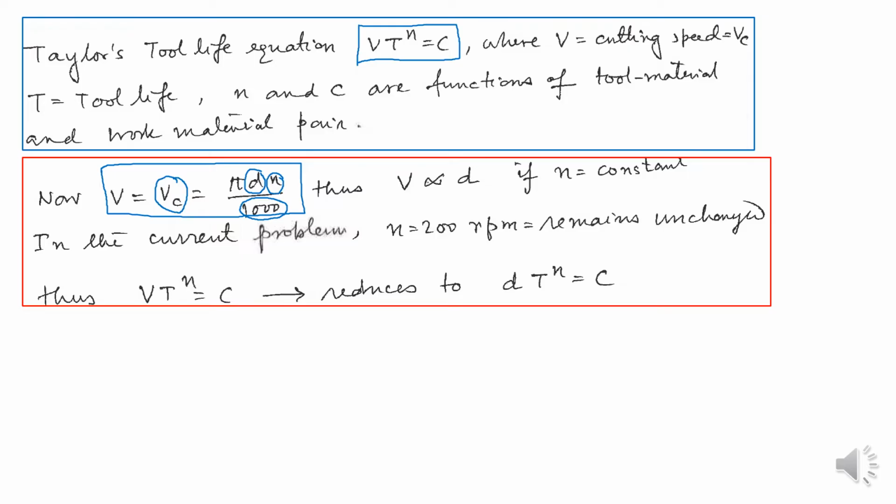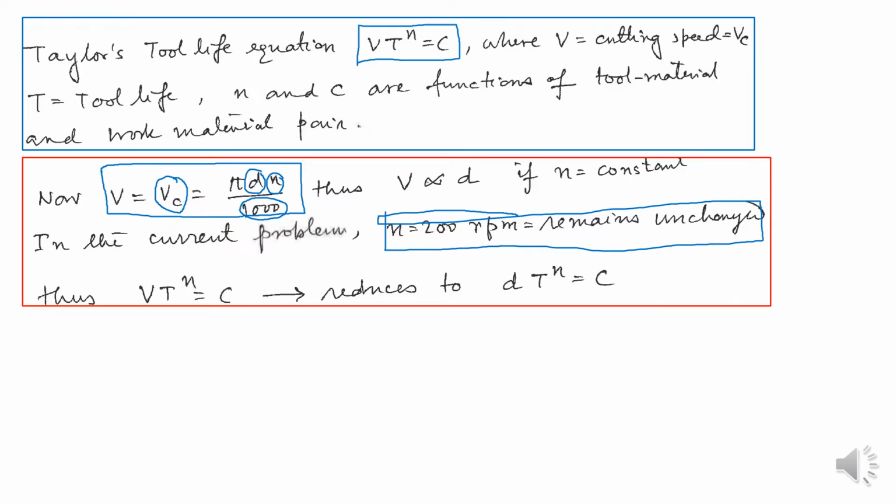Now, in this particular problem, it was given that for all three of them, the rotational speed remains constant. Two data sets were given for which rotational speed was constant, and you were asked to find out what would be the tool life if the diameter is 150 millimeter and the bar rotates at 200 RPM.